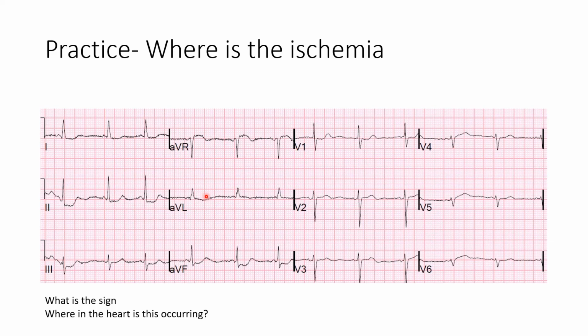In AVL, potentially T-wave inversion. And then that looks like about it. So this would be potential 2, 3, and AVF ST segment depression could represent an inferior wall, non-full thickness myocardial infarction, or the vessels supplying the inferior wall with blood might be having a blockage and thus need catheterization.